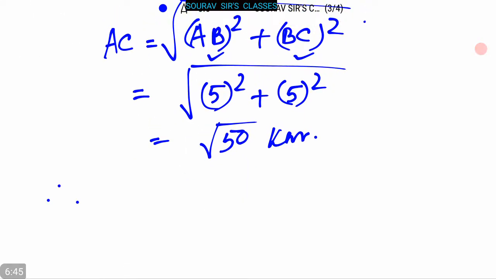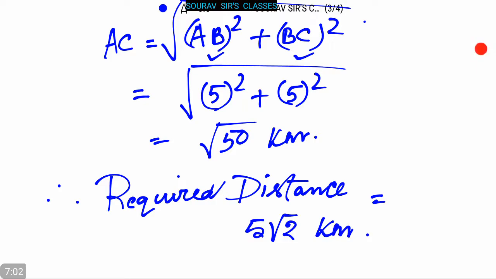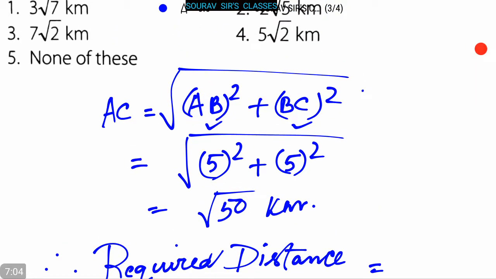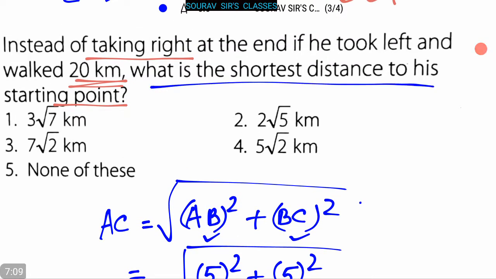So the required distance is 5 root 2 kilometers. So the shortest distance to the starting point will be 5 root 2 kilometers, that is option 4. So this is our answer.